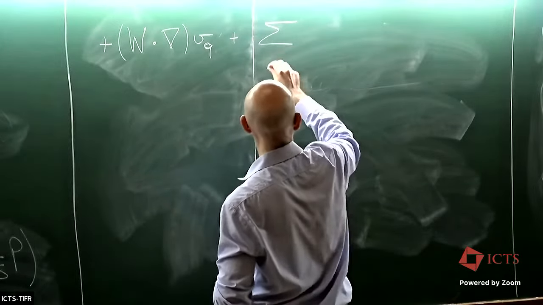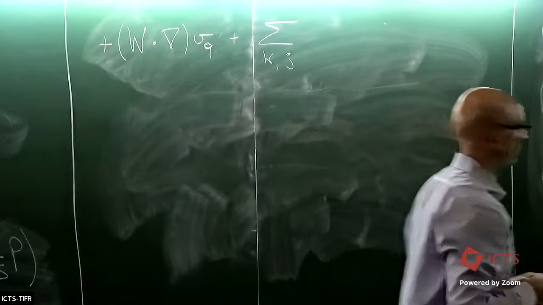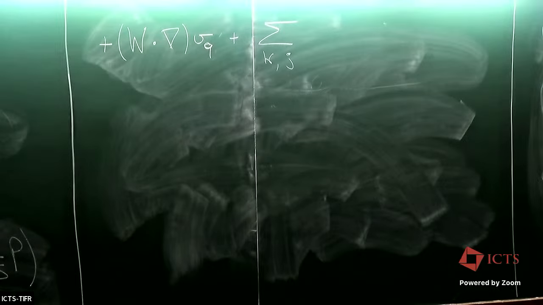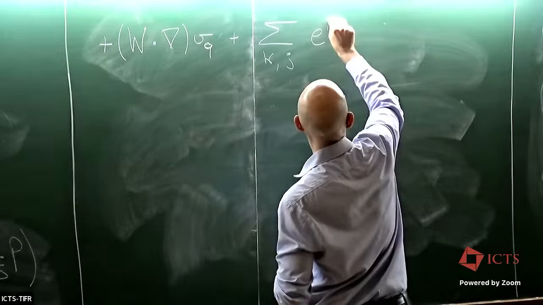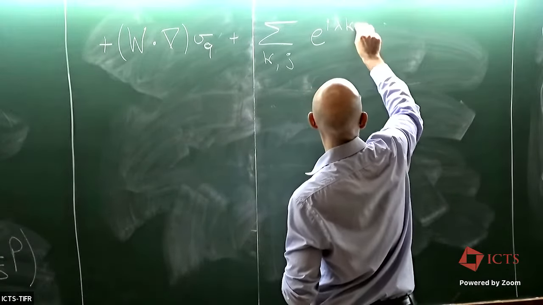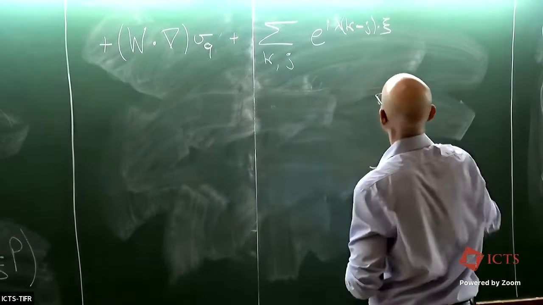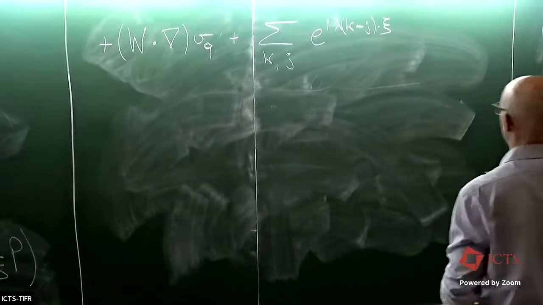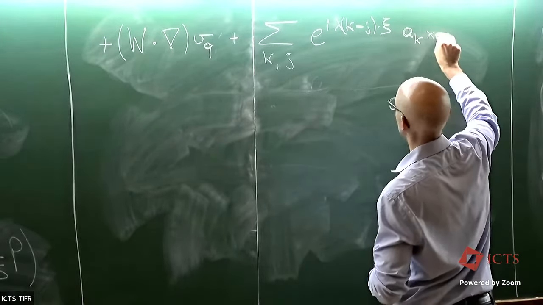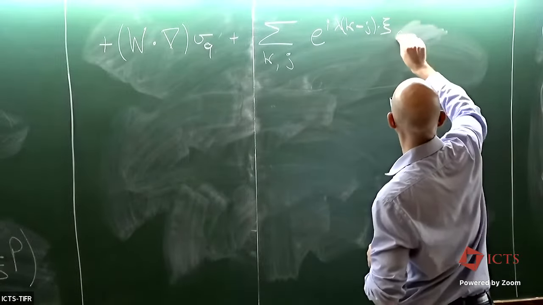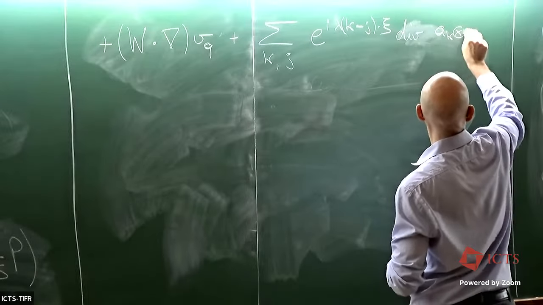There's going to be the sum over k and j, and then I'm going to have something like e^{iλ(k−j)·ψ}. And then I'm going to have, let me write it in this way, a_k, and this is where the divergence falls. So I have the divergence, and then I'm going to have a_k tensor a_j.